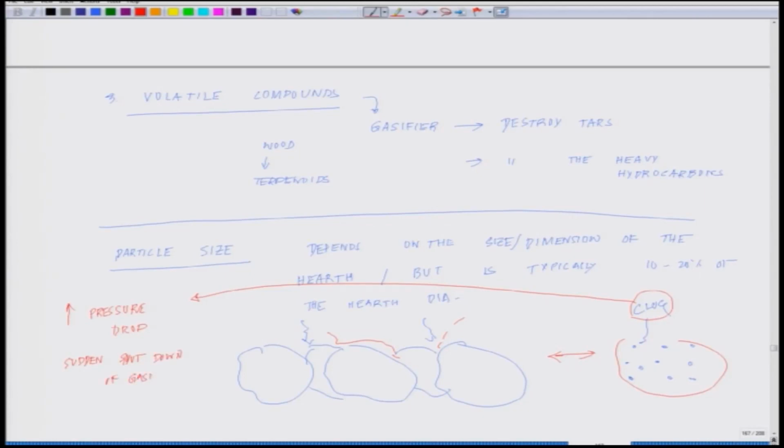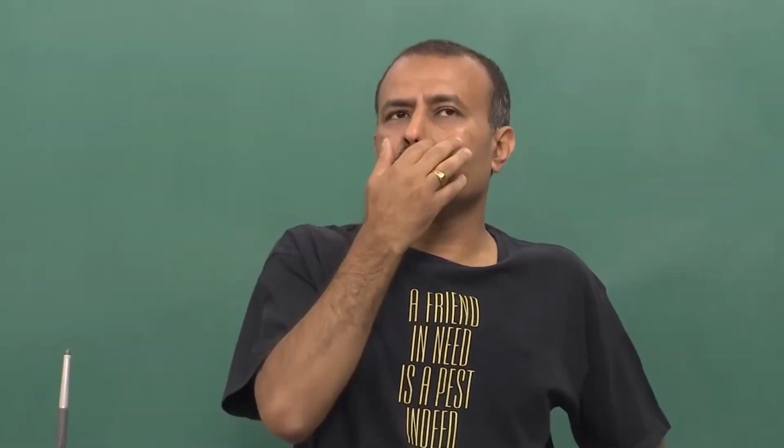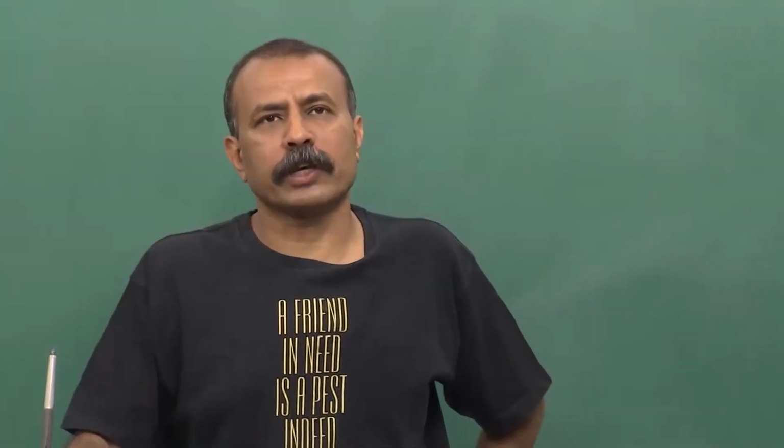So, we really cannot make it very fine. Whereas, if you have large particles, what you will see is that it will prevent the movement of the feed, so nothing can move through them. So, what you observe in this whole process is that there are multiple points of trade off which have to be managed.